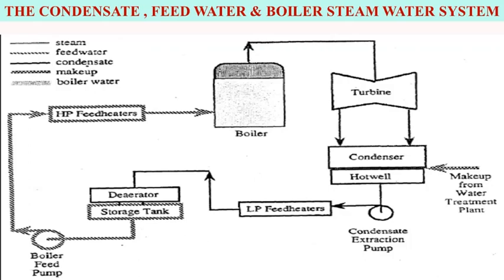Water has the highest specific heat of any common inorganic substance, and steam is capable of carrying a large quantity of heat. As you know, the specific heat capacity of steam is very high. That's why these unique properties are utilized in the power generating process, in the steam cycle, the Rankine cycle based power generating process.